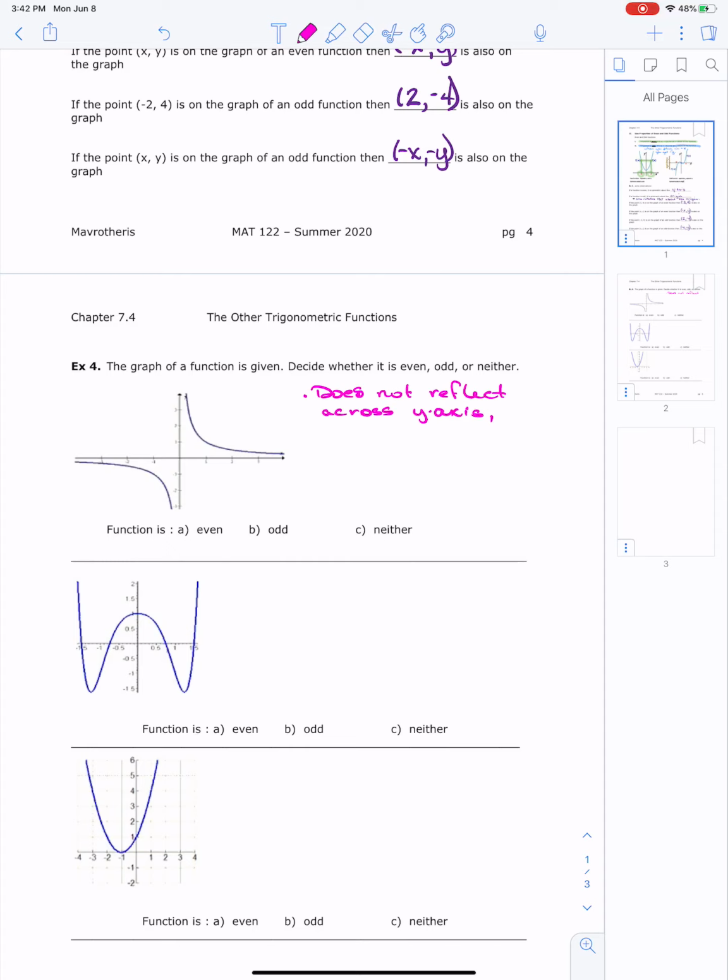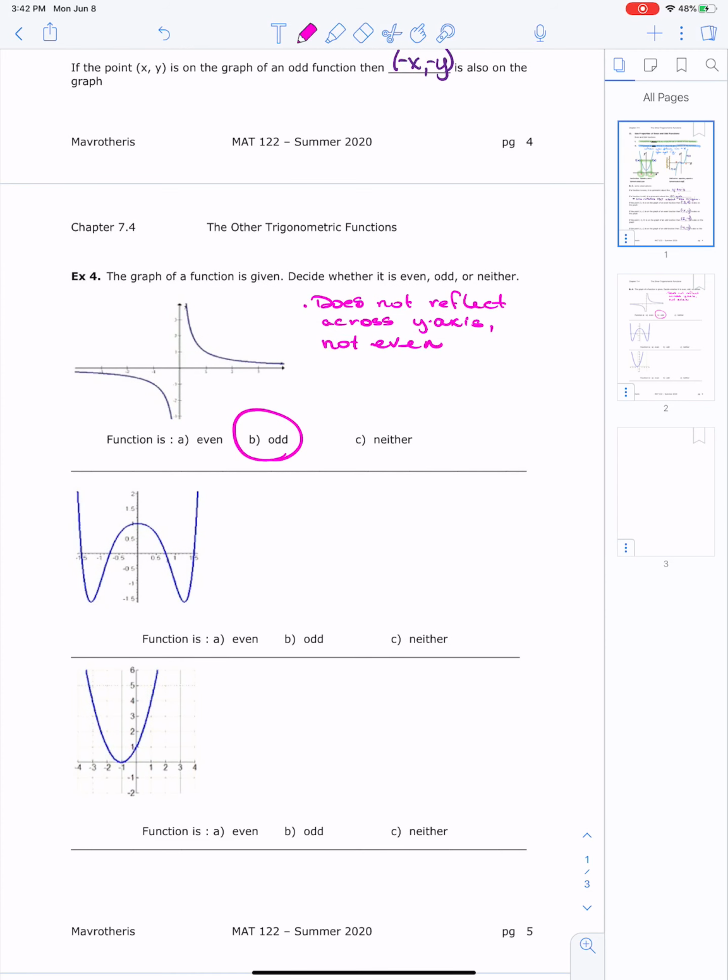So we know this is not even. Okay. If I take a look at this, and you can do this easier on paper, if we're rotating the paper 180 degrees and just flipping it so it's upside down, our graph looks exactly the same. So we know this graph is odd.